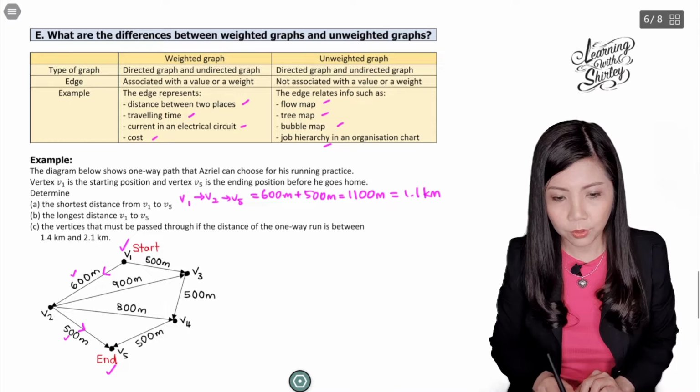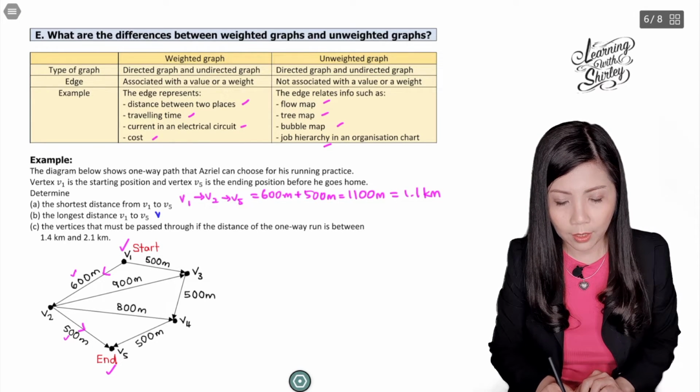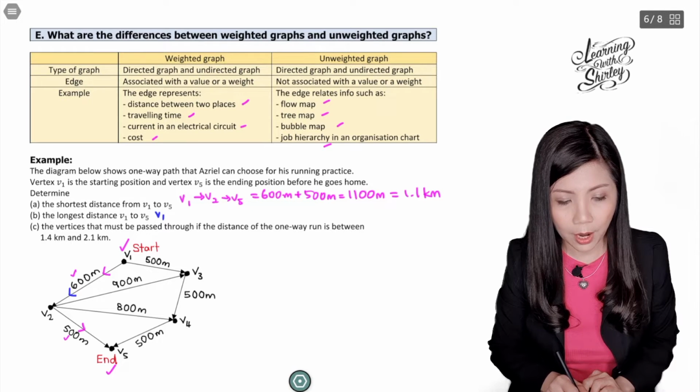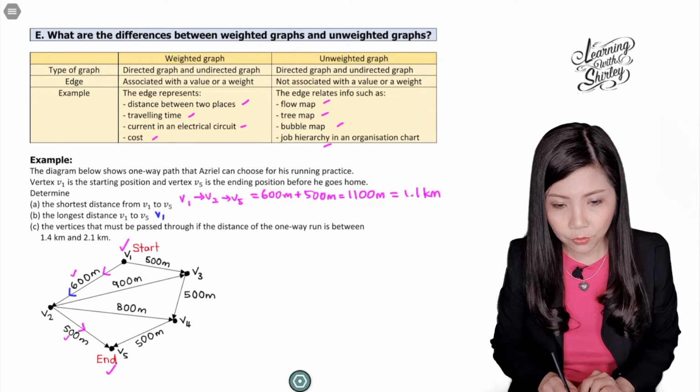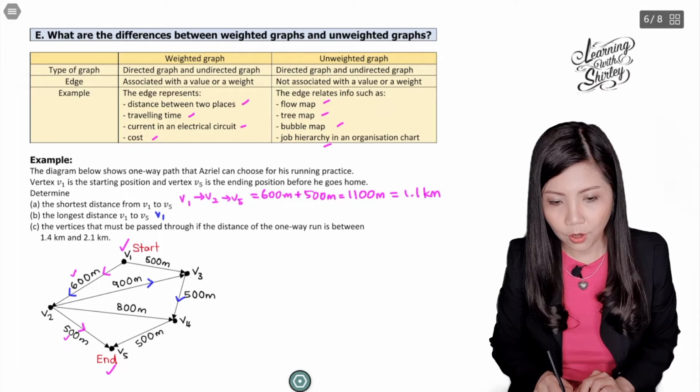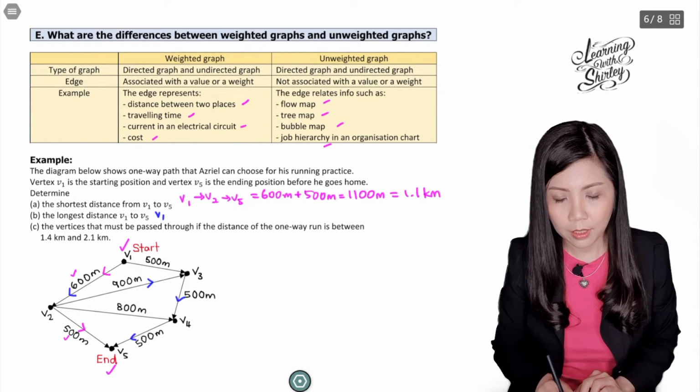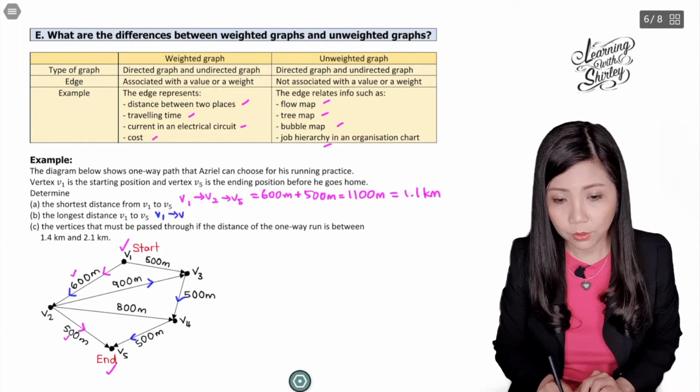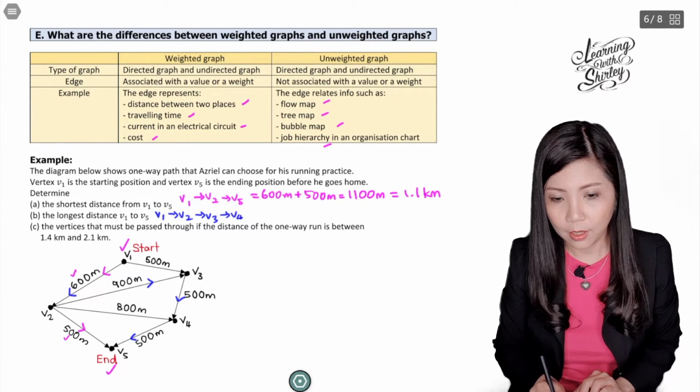Okay, I'm going to use blue. Starting from V1, I will go to V2, represented by the blue arrow. And then I will go to V3 here. Then I will go to V4 and go to V5. So V1 to V2, then V3, then V4, and then V5.